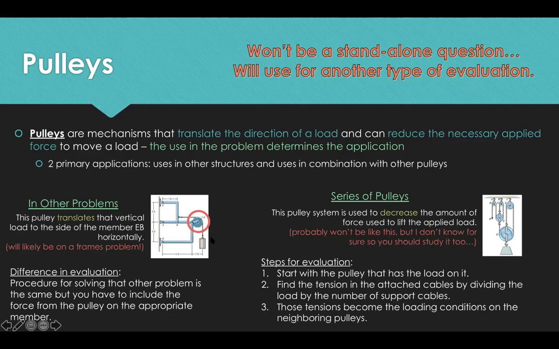In this case, the reactions are just the weight because the radius is 1. But if the radius was 2, it would be double the weight. That comes from the moment equation, because the rotation about that pin is the magnitude of the force times the distance away that the force is acting. Okay.